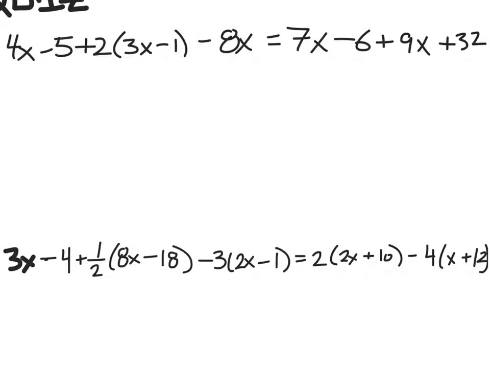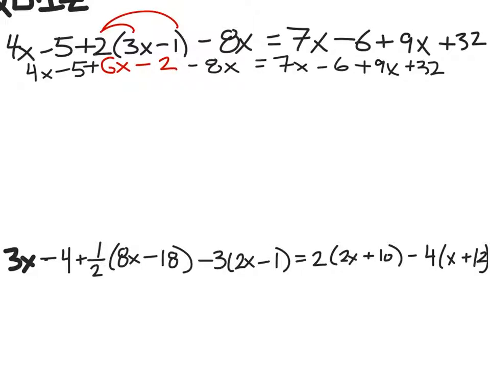To solve these, we're going to need to do distribution first. So that gives us 6x minus 2. The rest of it stays the same. Now, all we're going to do is focus on combining like terms. So on the 4x, I got another 6x over here, and then minus 8x. All of these combine into 2x.